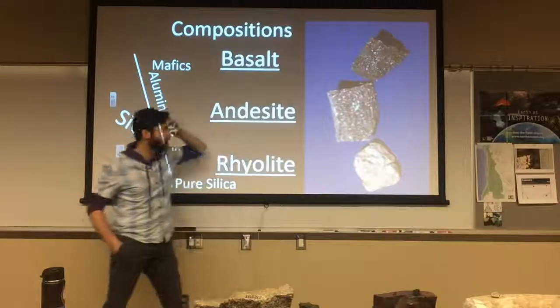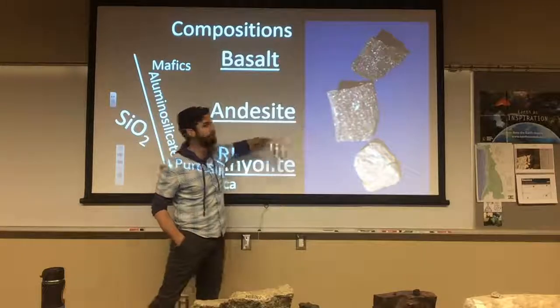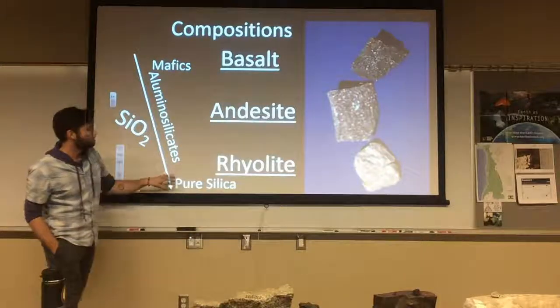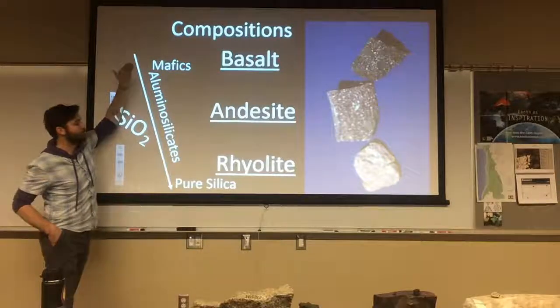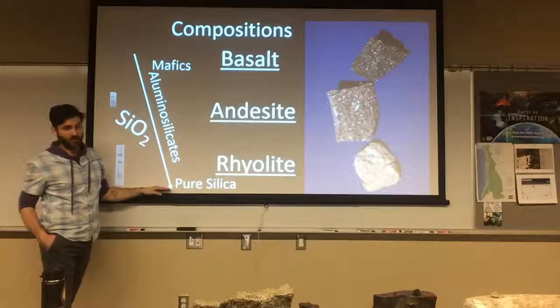This is a picture by Marley Miller, marleymillerphoto.com. She has some great geology photos on there, and I scanned this off of there quite a while back. This is in order from more mafic material to the more silicic-rich material.